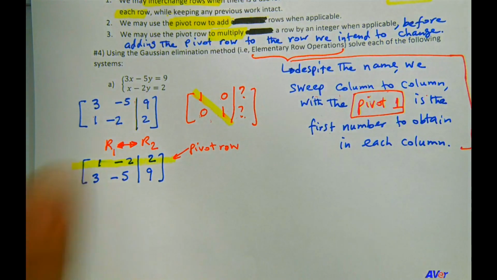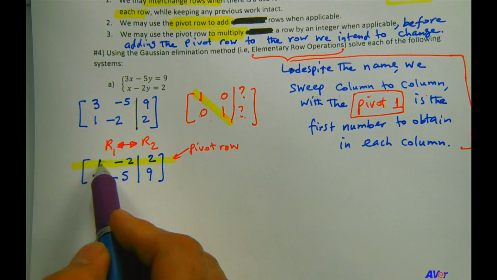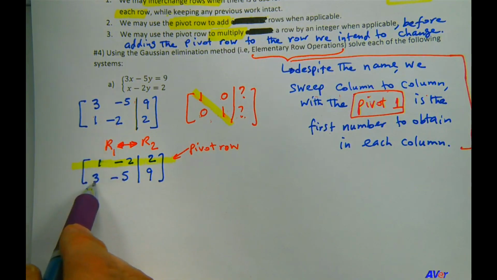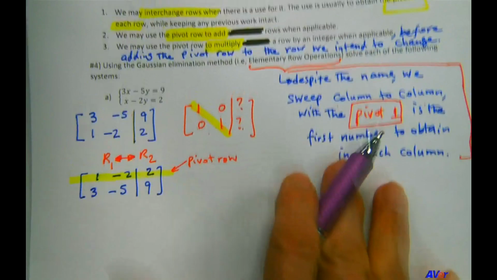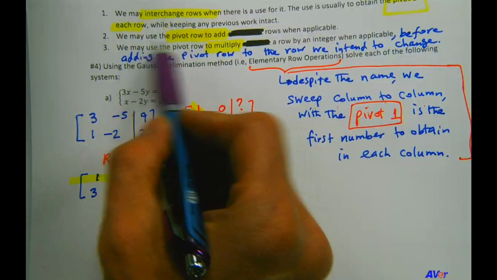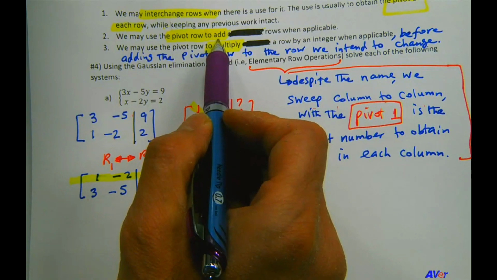So what we can do is use the pivot row to make this 3, 0. Well, how are we going to do that? All we need to make this 3, 0, is to have a -3 and then add it to this 3. -3 plus 3 is 0. And we will do this operation. We may use the pivot row to add. Okay?